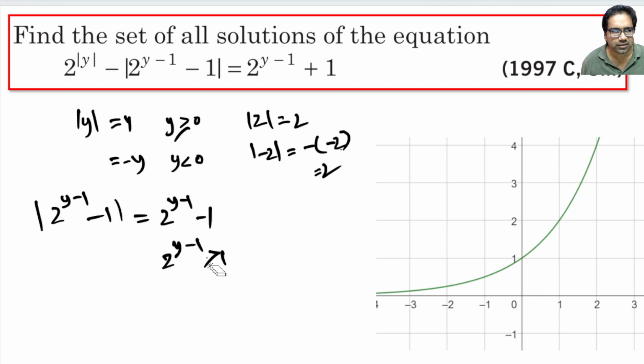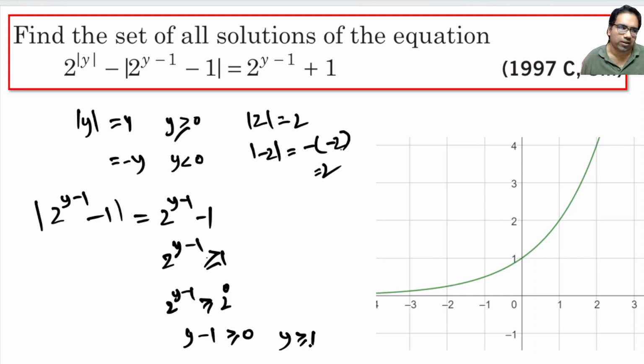And 1 is 2 power 0. So y minus 1 should be greater than or equal to 0. What does that mean? y is greater than or equal to 1.